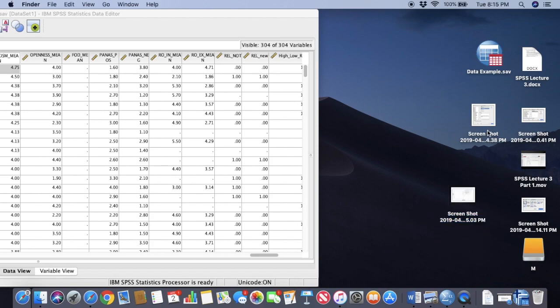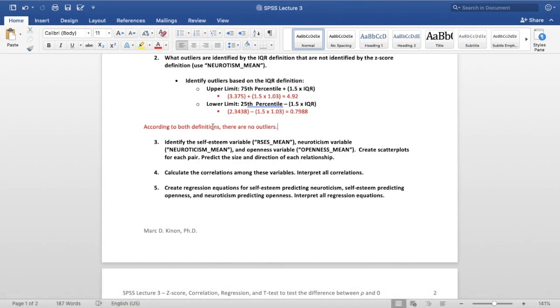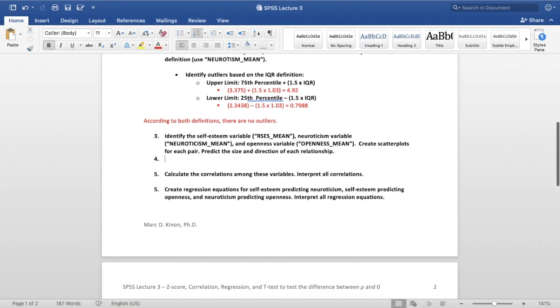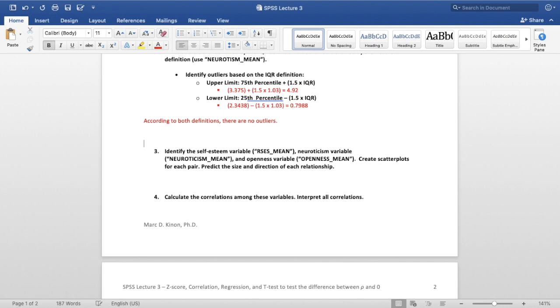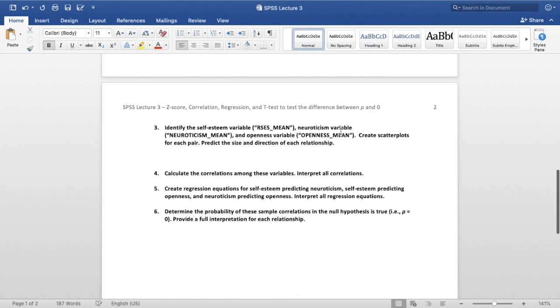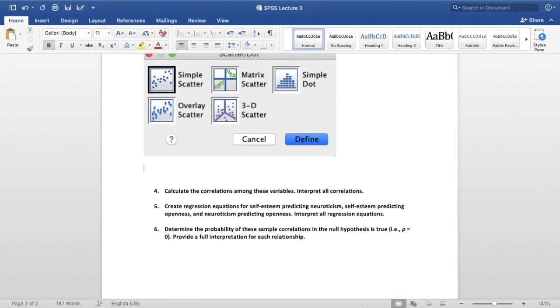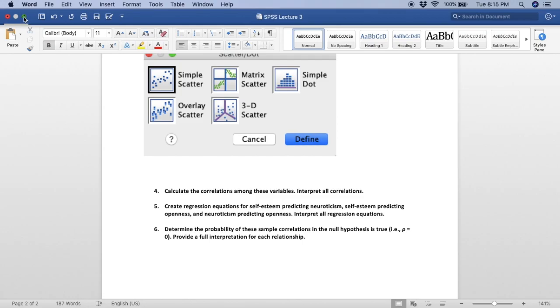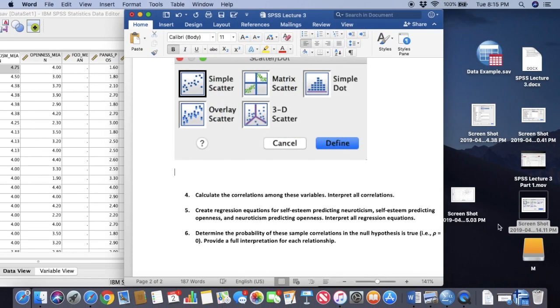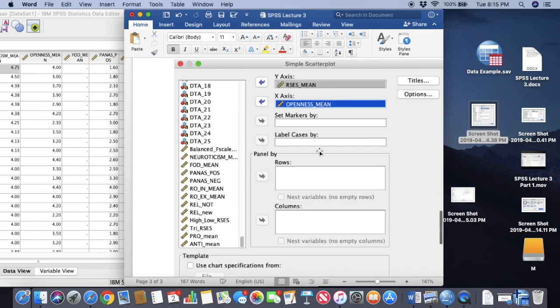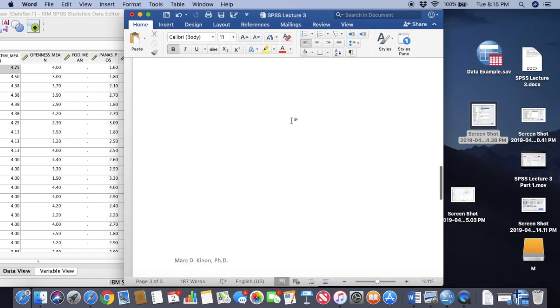So let me grab a couple of the scatter plots that I did. Here are the screenshots. So here's one. I'm going to start a new page. Okay, perfect. So that's how we started getting our scatter plot. This is how we inputted the variables right here.